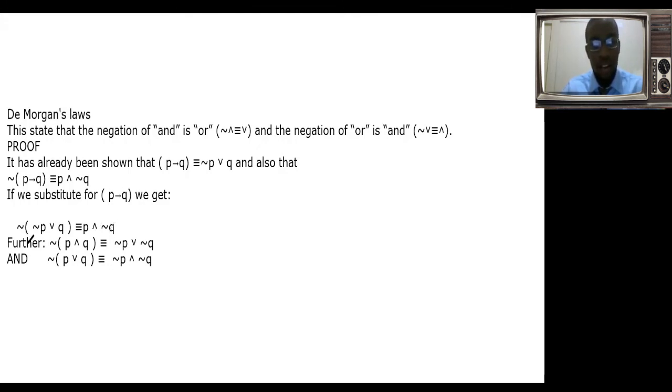Furthermore, we looked at that the negation of P and Q is logically equivalent to the negation of P or the negation of Q. So to do negation, the negation of "and" is "or", so you have to remember it: the negation of "and" is logically equivalent to "or", and the negation of "or" is logically equivalent to "and".